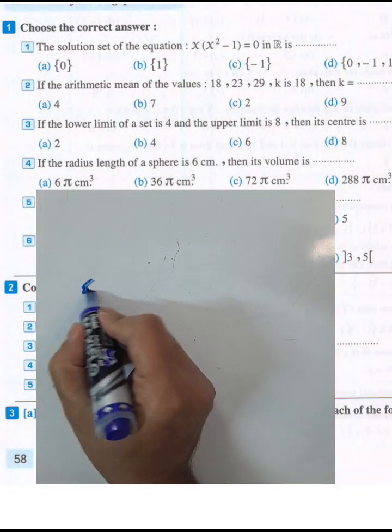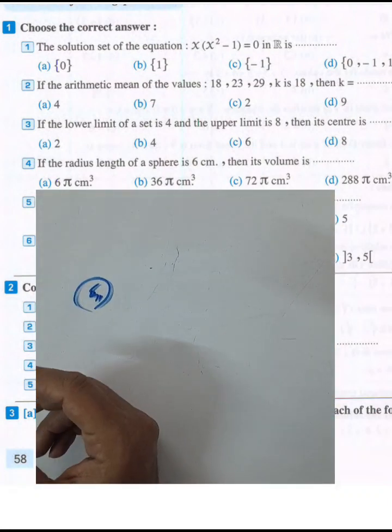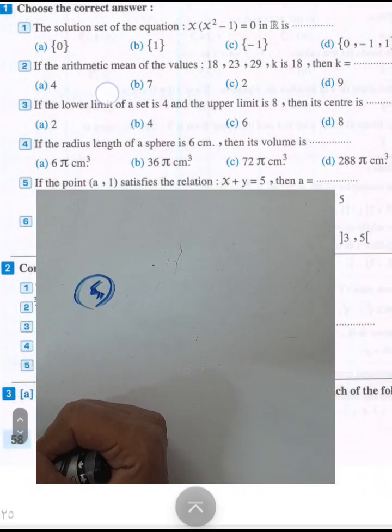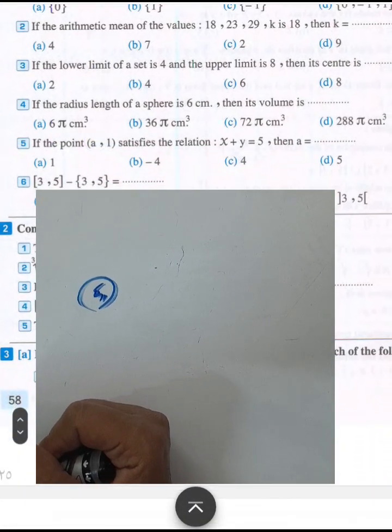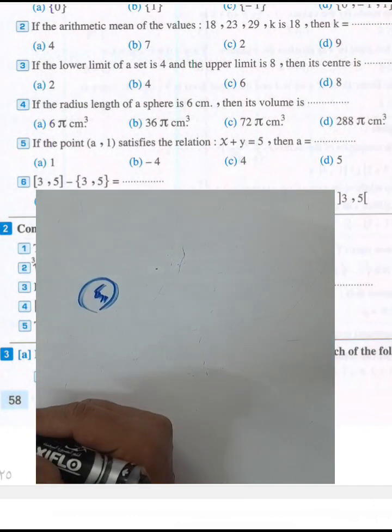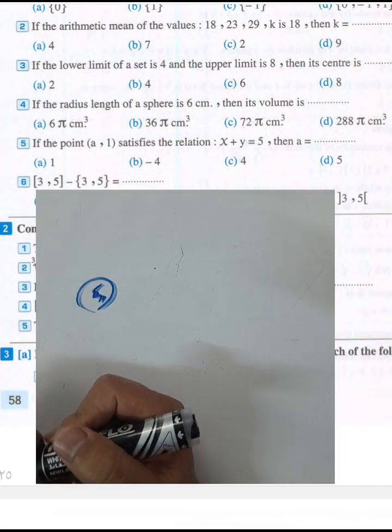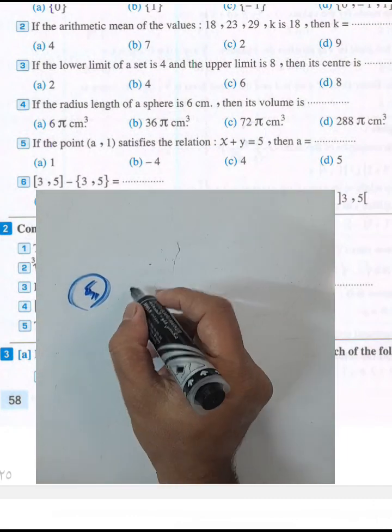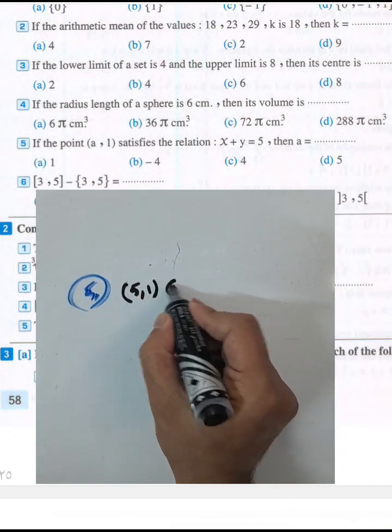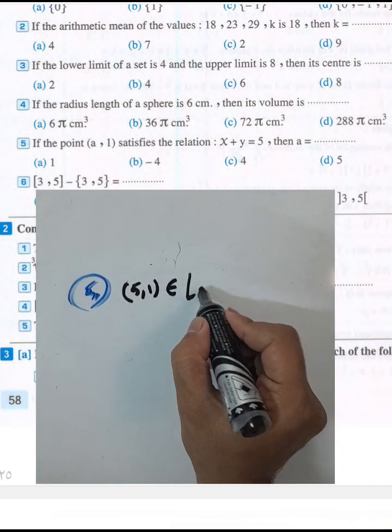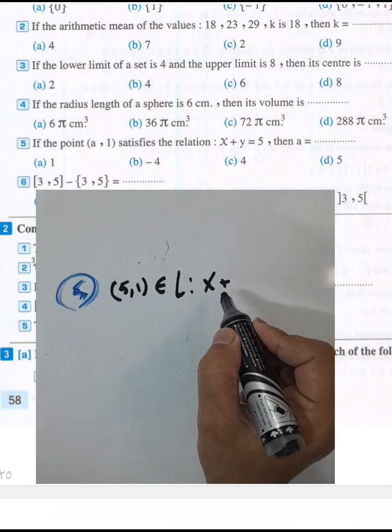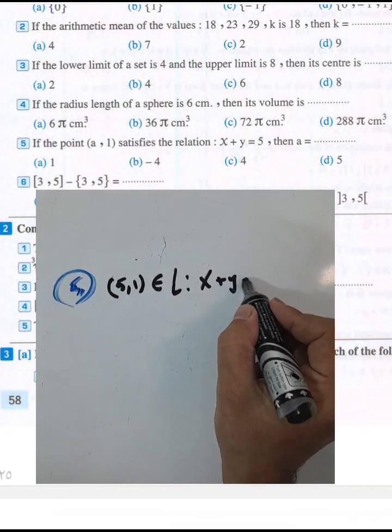Question number 5. If the point (a, 1) satisfies the relation x plus y equals 5, then a will be what? We have the point (5, 1) falling on the straight line x plus y equals 5.